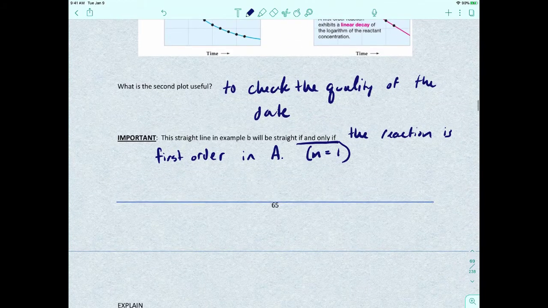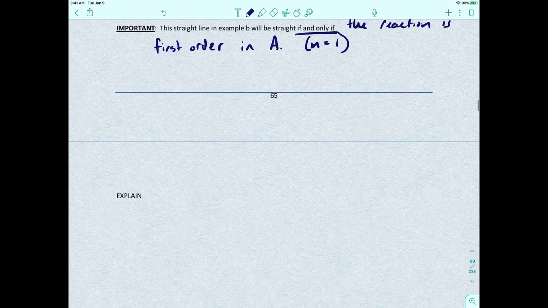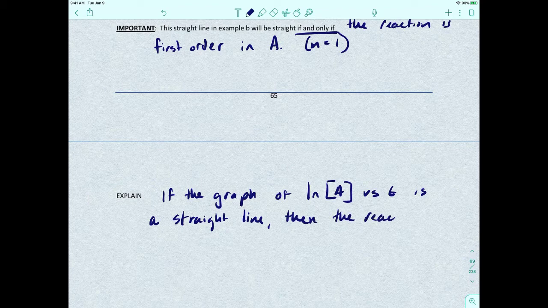All right, so now we have to explain what that means. This is an extremely important statement, so let's explain it. What I'm saying is this: if the graph of the natural log of the concentration of A versus time is a straight line, then the rate would be equal to the rate constant k times the concentration of A raised to the first power.